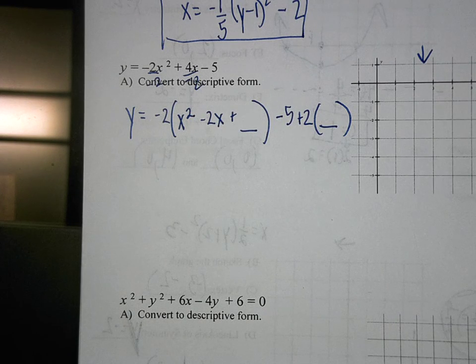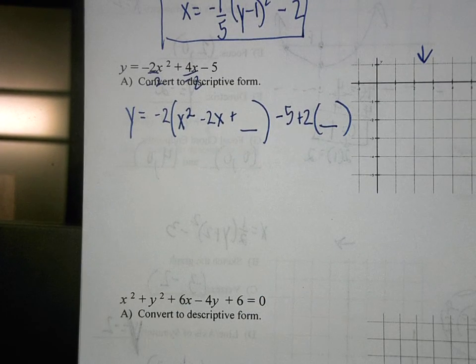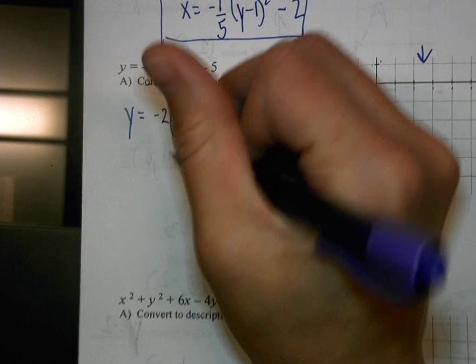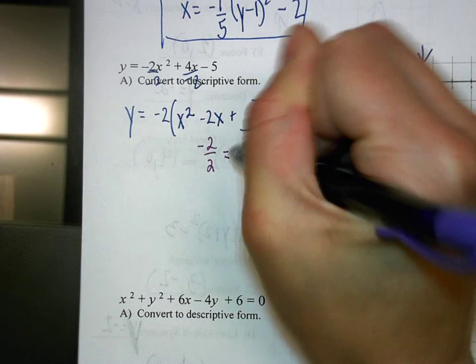Why do we do that? To balance it. We can't just randomly put a number here, okay? And so we're basically adding 0 because we're adding and subtracting the same number. So now, what is my next step? -2 divided by 2, which makes -1.